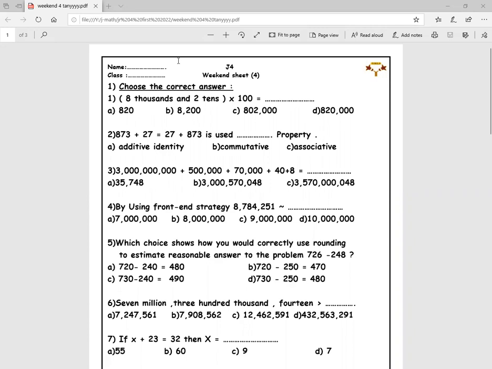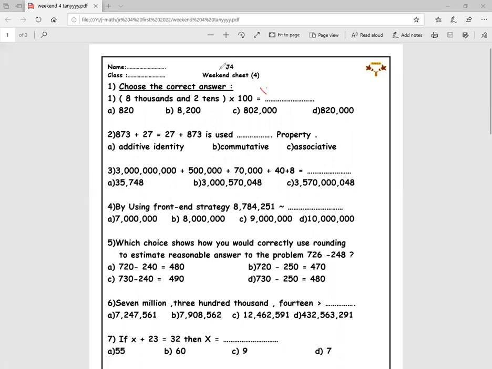Choose the correct answer. Okay, let's choose together the right answer here. 8,000 and 2 tenths. 8,000 means 8 in the thousands and 2 in the tenths. There is no hundred, so remember this will be no 100.